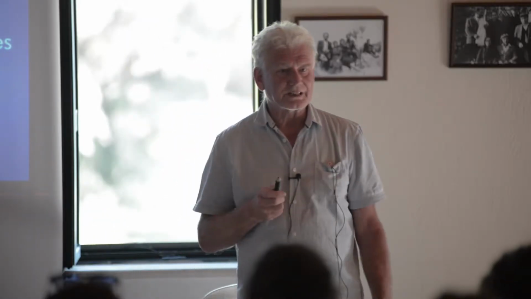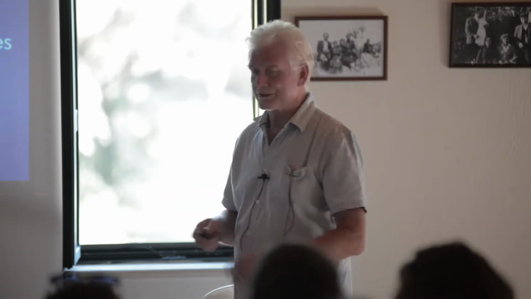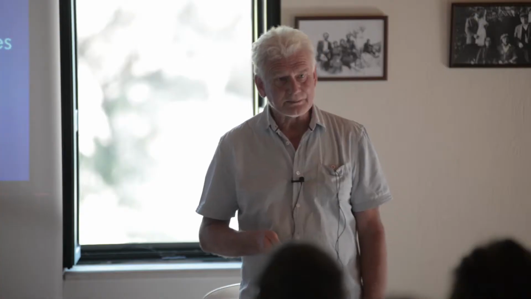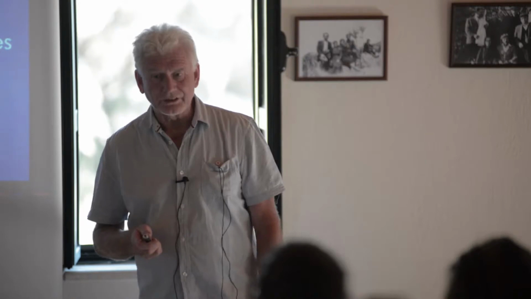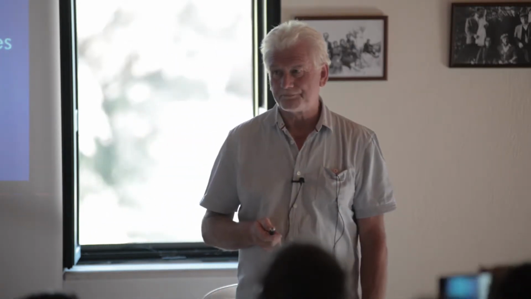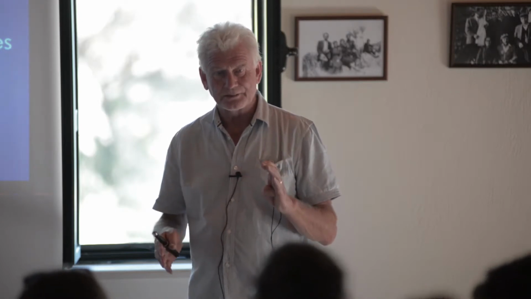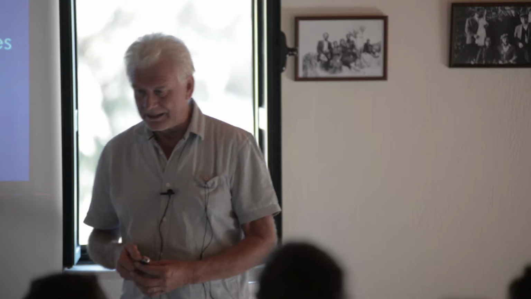The limestones with clay impurities, I will go into in a bit more detail as we move through. They are the ones that tend to be used for hydraulic lime. The others are used for what we call non-hydraulic lime. Okay? If you remember the terms for the moment, I'll explain the difference between them as we go through.